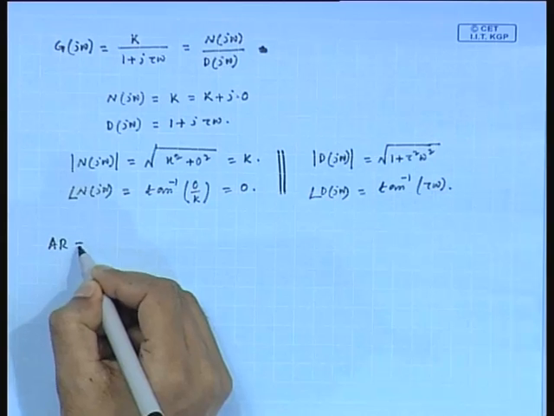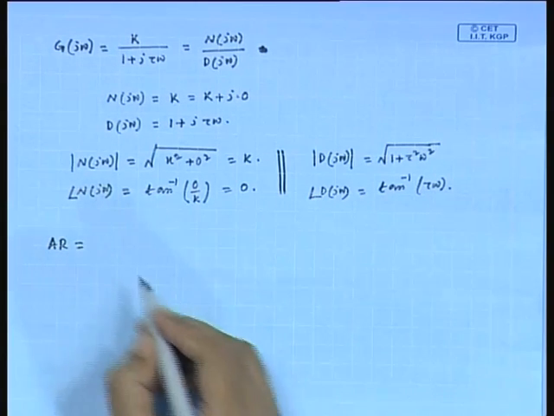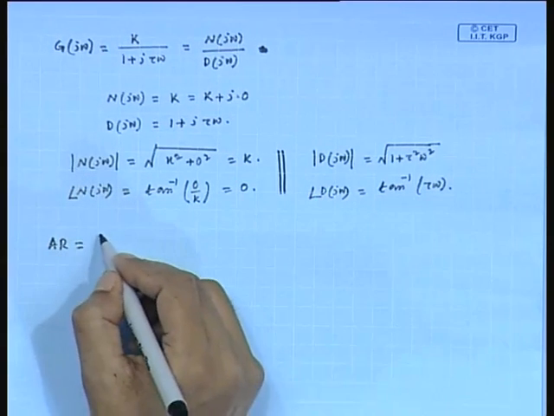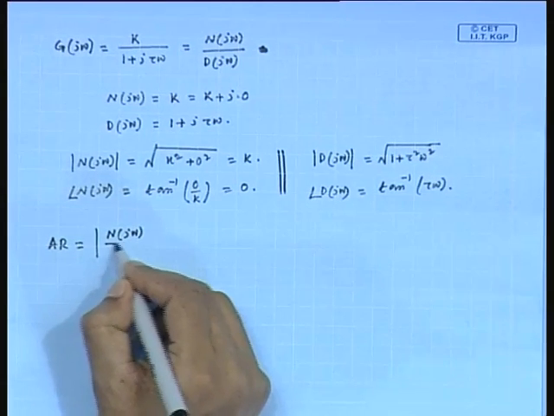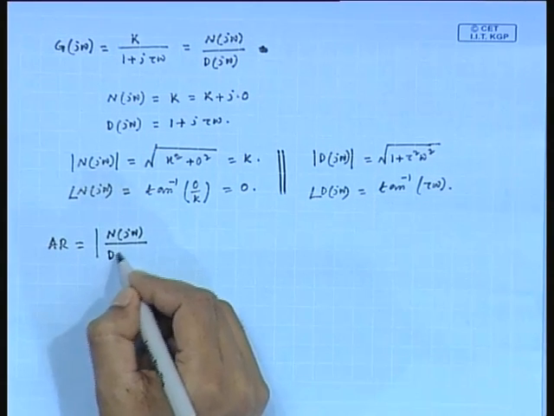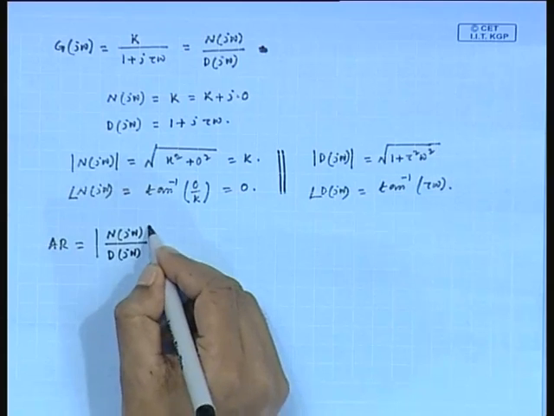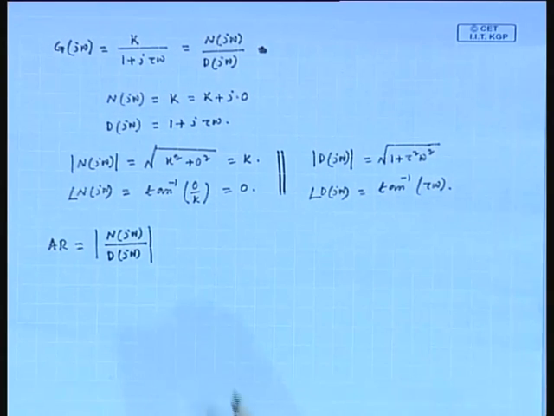Now we know the amplitude ratio is the ratio of two magnitudes, magnitude of numerator divided by magnitude of denominator.